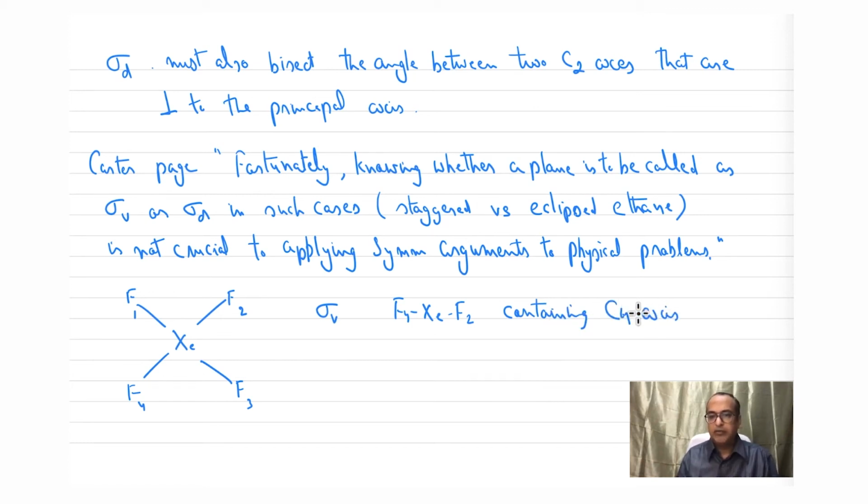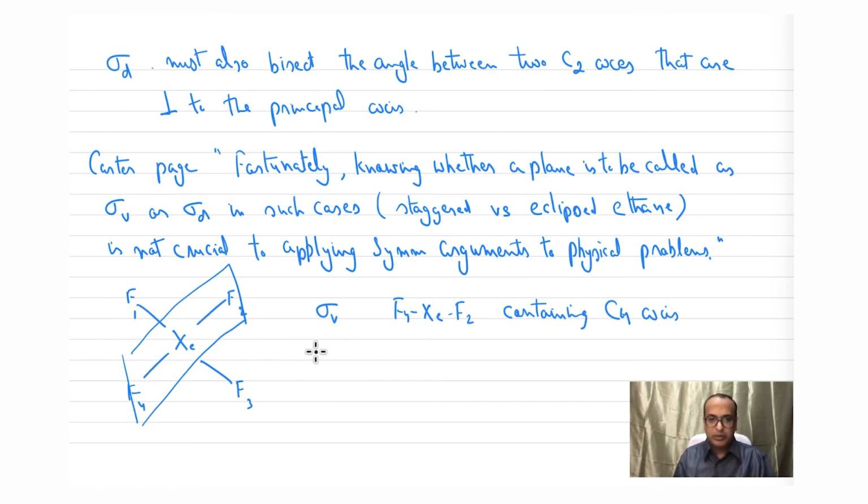It must contain C4 because it has to contain the principal axis, then only it will be called sigma V. So basically a plane which is containing the C4 axis will be perpendicular to the plane of the board and will be passing through F4, Xe, F2, and a symmetry operation along this plane will be reflecting F1 and F3, right? These three atoms would not change their positions.